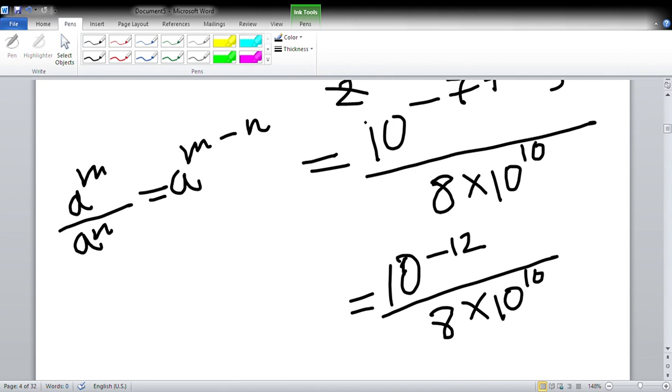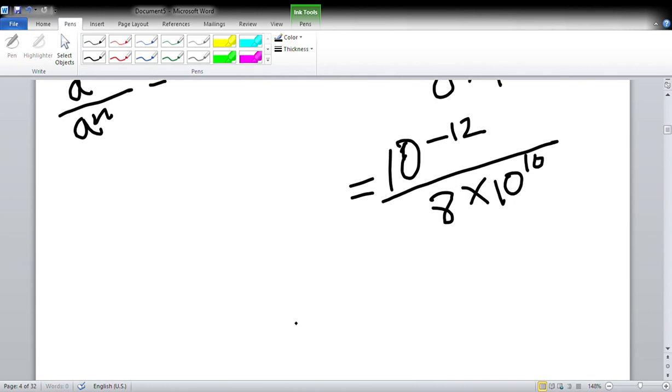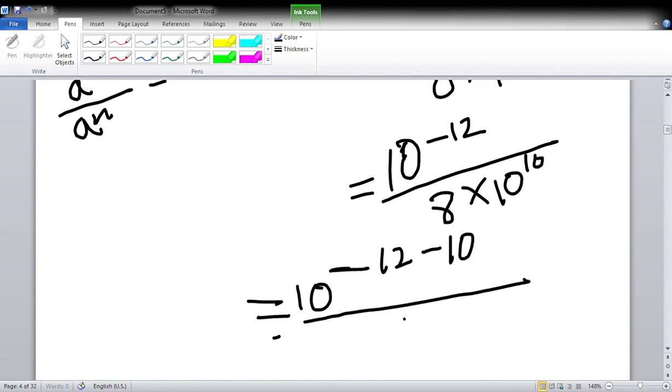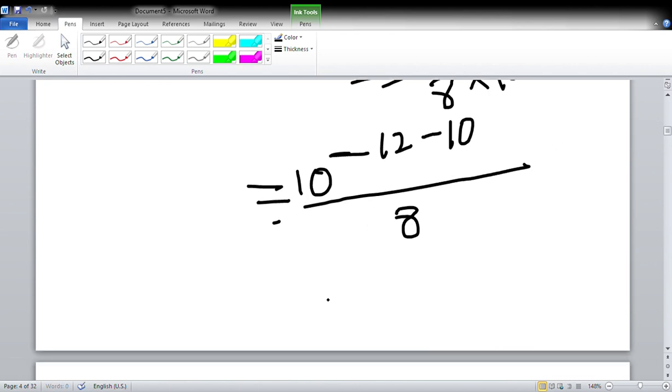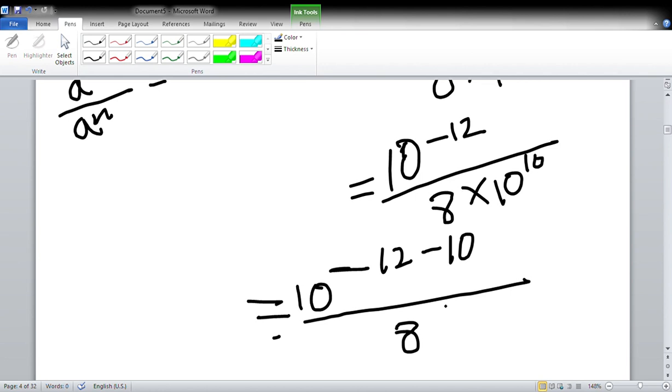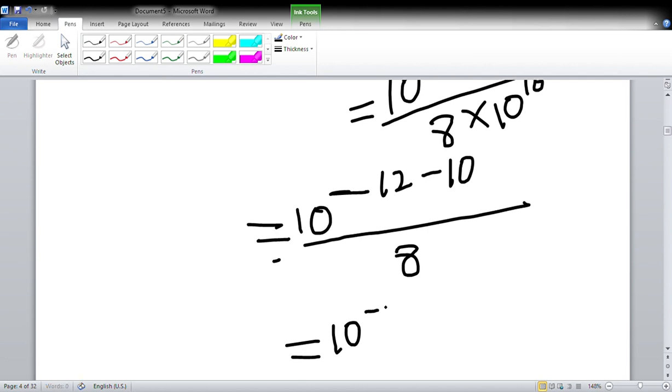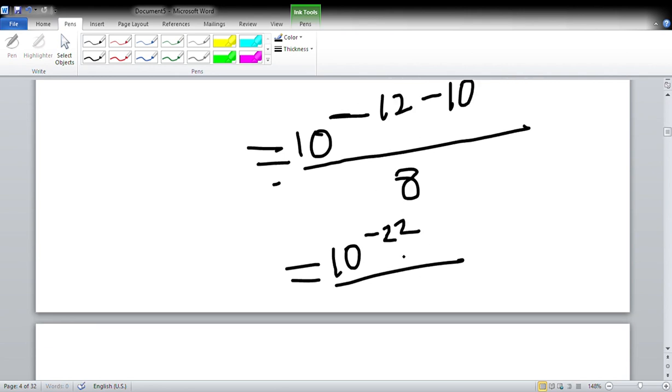So you can write 10 to the power minus 12 minus 10, divided by 8. So 10 to the power minus 12 minus 10 is minus 22, so 10 to the power minus 22, divided by 8.